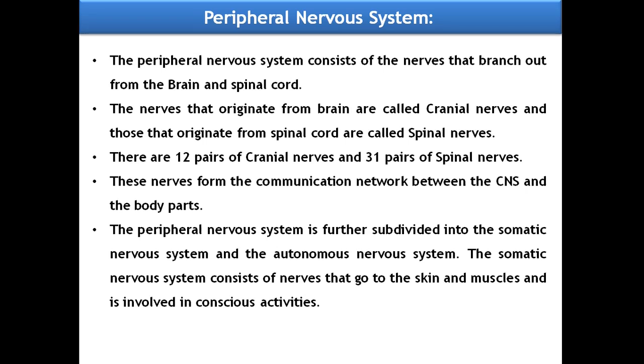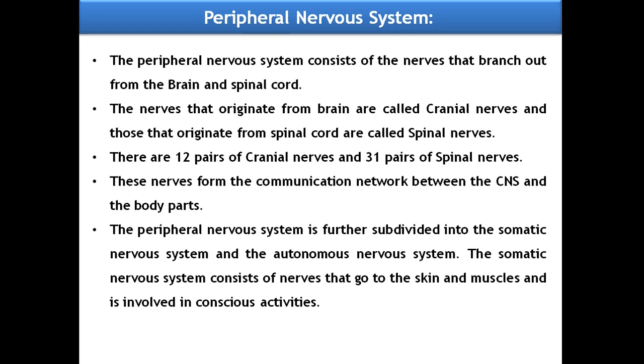The peripheral nervous system is further subdivided into the somatic nervous system and the autonomic nervous system. The somatic nervous system consists of nerves that go to the skin and muscles and is involved in conscious activities, that is, voluntary activities.